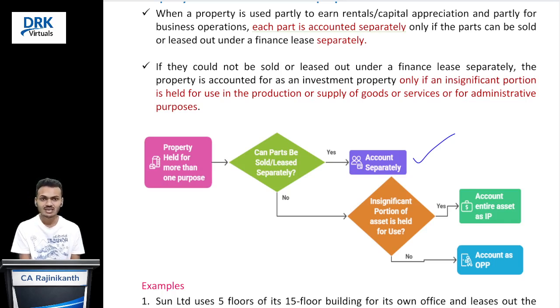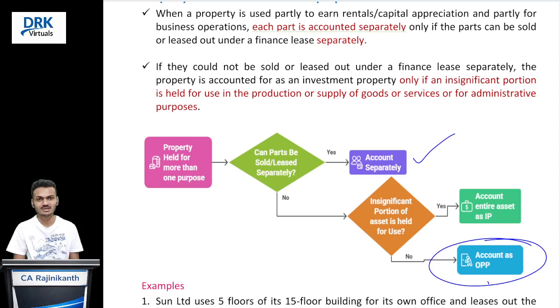Suppose these two floors cannot be sold separately, cannot be given on lease separately, in that case we need to check whether the portion of the building that we are using for our business is significant or not. If it is significant, in that case treat it as owner occupied property. If it is not significant, you treat it as investment property.